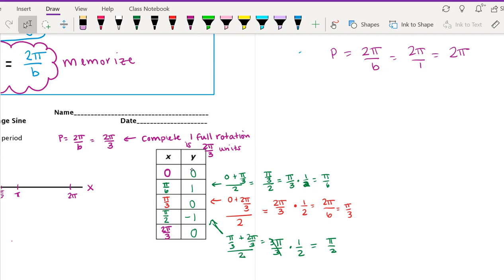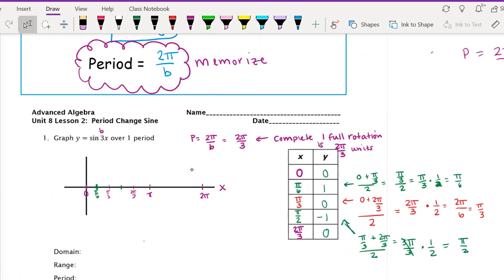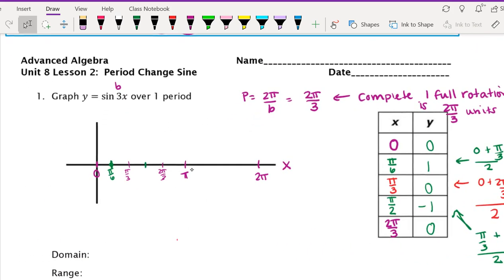My amplitude does not change. My maximums and minimums do not change. So I'm still keeping that same pattern. I'm just smushing it. So for one period, I'm going to start at 0 and end at 0.